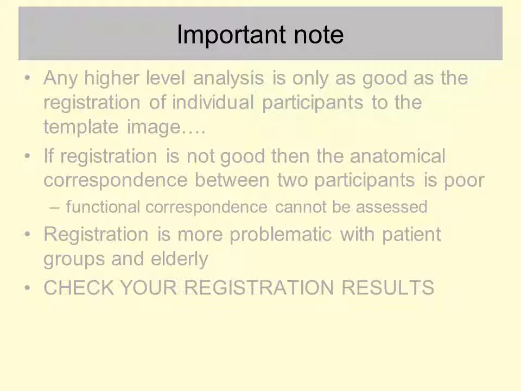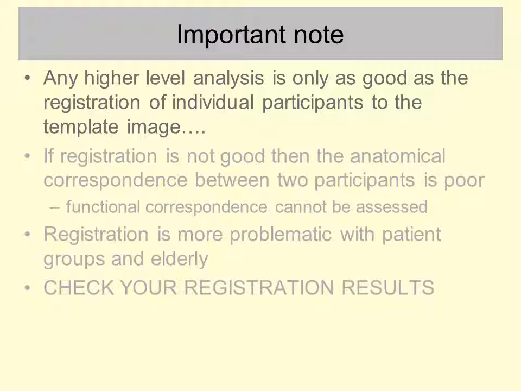Finally, something I haven't talked about so far today for group analysis, but which is actually a really important thing to bear in mind, is that any higher level analysis is only as good as the registration of individual participants to whatever common space or template image you are using.